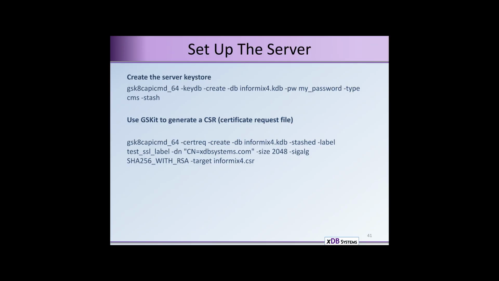The big one we're also adding is the -dn. So this is the unique identifier for this piece. We're telling it the SIG alg, which is the algorithm to use. Again, your organization may define this. SHA 256 is one of the standard. And then the target is going to be a .csr file, so certificate request.